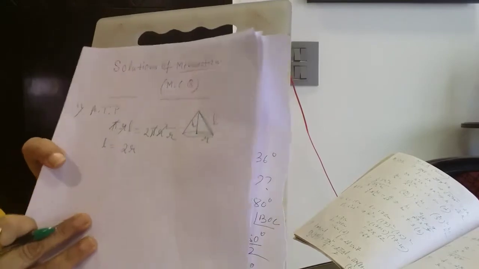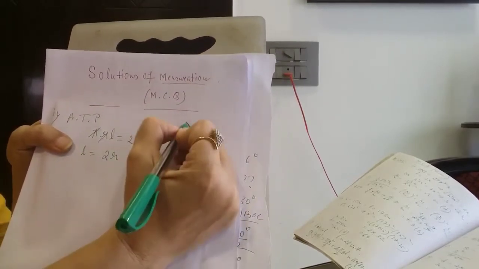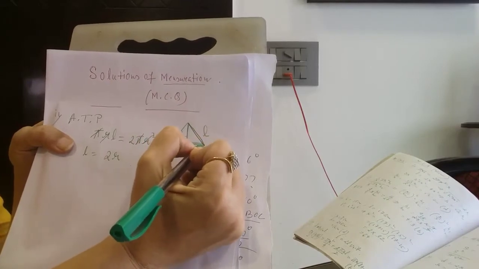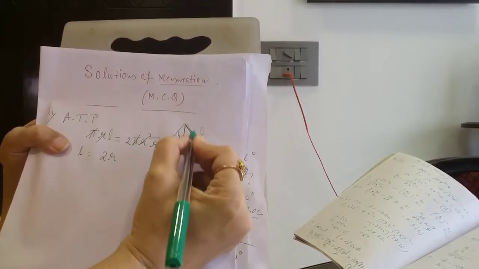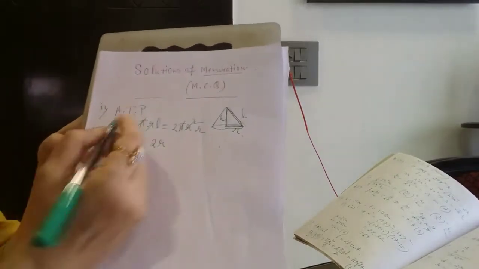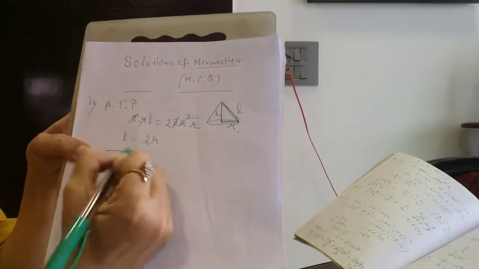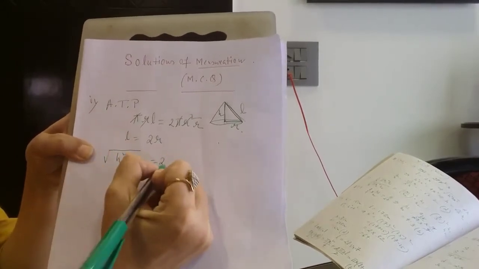Now you know the relation between L, H and R. This is a right angle triangle. This is the hypotenuse. So L square equals what we can write? H square plus R square. So L equals root over H square plus R square equals 2R.